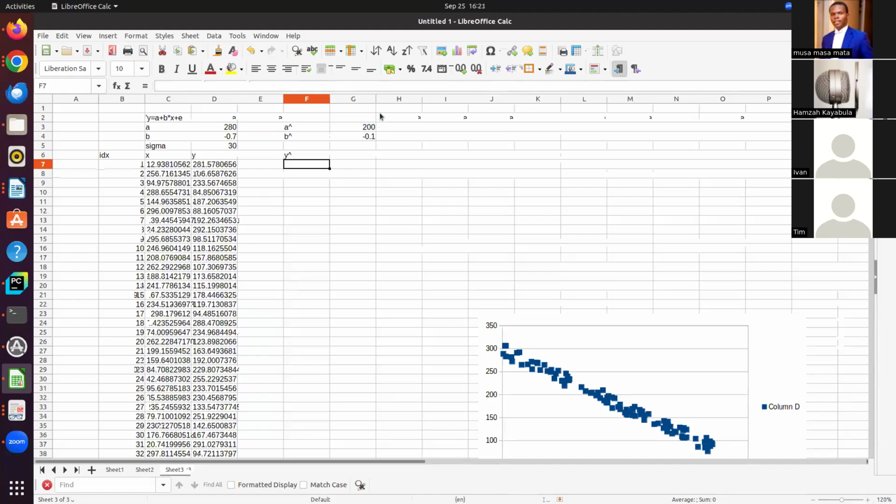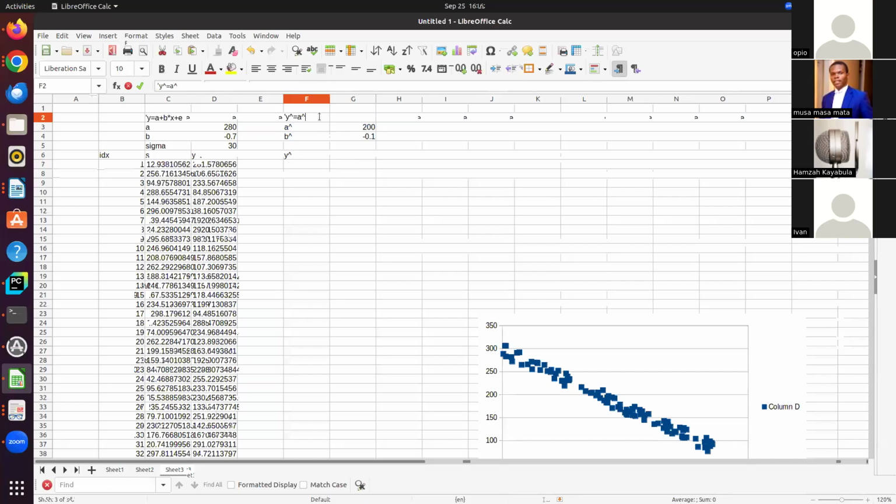Let me write it down here. We'll make a y hat that depends on the A that I'm assuming for the beginning, and eventually I will change those A and B such that the line will be as close as possible to those points.